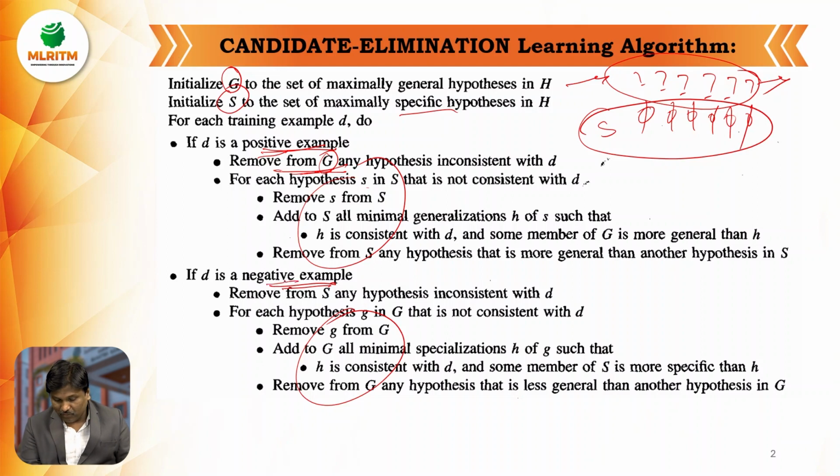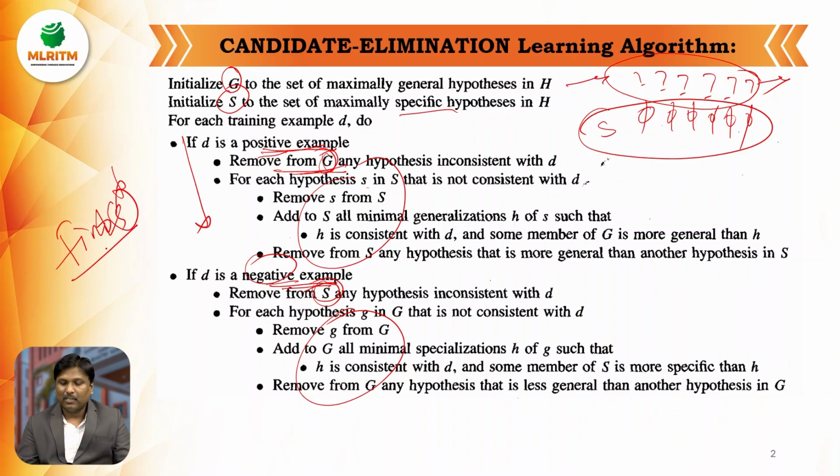And the same thing for a negative example: remove from S. So positive is removed from G, negative is removed from S. The same procedure has to be done for positive and negative examples. The Find S algorithm is suitable only for positive training examples, but the candidate elimination algorithm is suitable for positive and negative training examples. This is the advantage of the candidate elimination algorithm compared to the Find S algorithm.